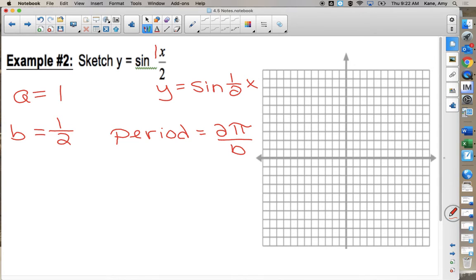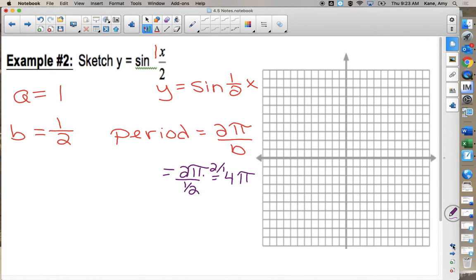And now that b value is going to change that distance. So if we calculate that, we're going to find our new period, because it's going to change. What is 2 pi divided by 1/2? 4 pi. Remember, you're multiplying by the reciprocal. So if I'm dividing by 1/2, I'm really multiplying by 2 over 1.